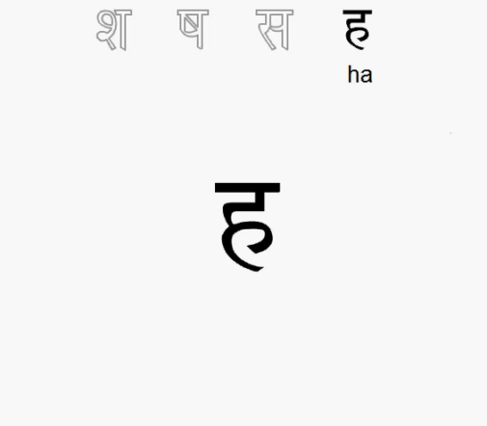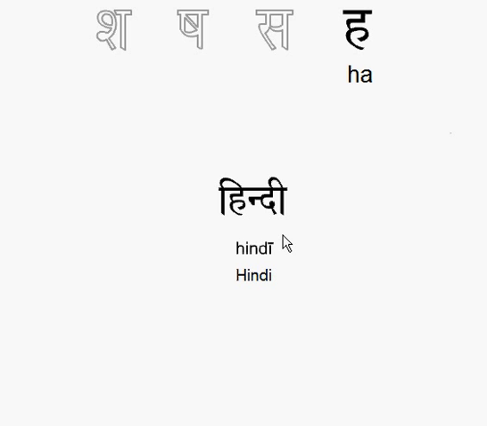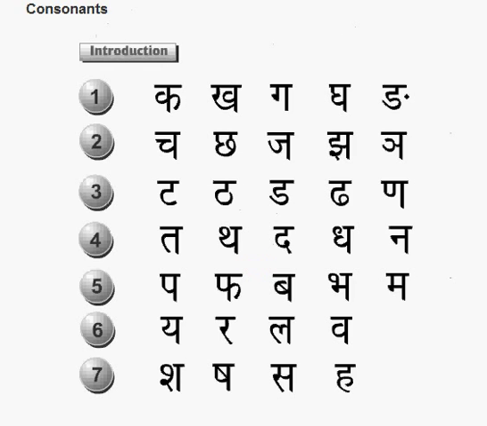So this is ha, and how about a word with ha? Well, there we go. Ha, short i, hi, na. This is half of na, and da, and long i. Hindi. Okay, excellent. Well, that pretty much covers all the consonants.